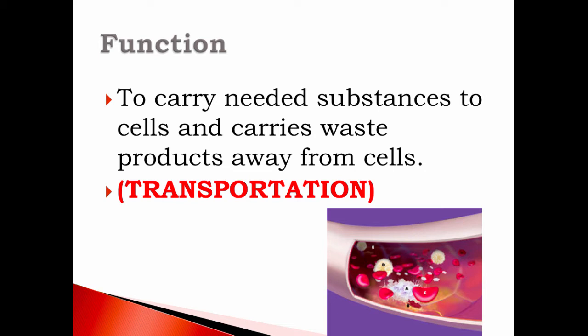It's the transportation system. It's like all the highways and the roads and the streets in a city. The red blood cells would be like the cars that drive on those. So its whole job is to transport, deliver things to the cells, and carry around the waste. So make sure you put this in a big bubble box so we know the function.